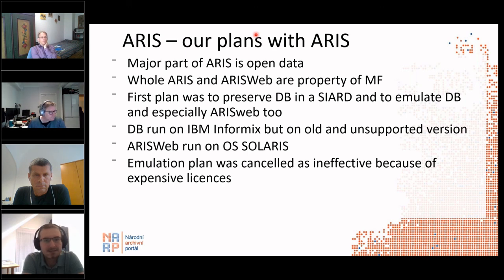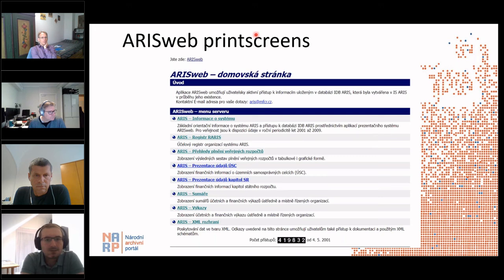The whole ARIS and ARIS Web are still property of the Ministry of Finance, but we migrated the data into Postgres, and we want to present data in our digital reading room, which is not established yet.